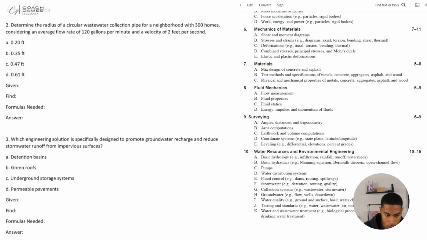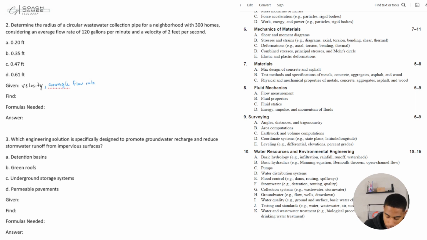All right, so let's write down what we're given. We are given the velocity. We are given the average flow rate, which is 120 gallons per minute.